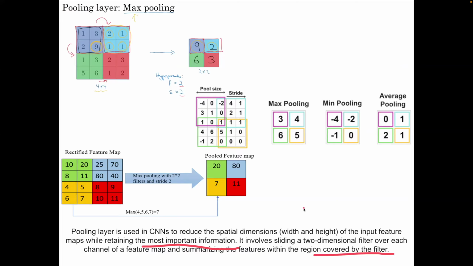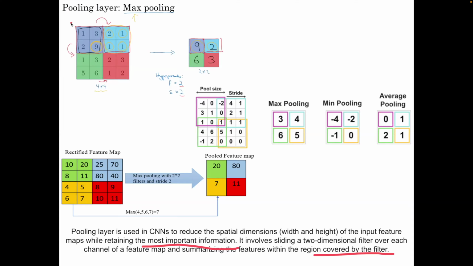So even if we still reduce the size of the image, we still keep the most important information. And that's why max pooling is applied. Max pooling is a very important operation in computer vision, because even if we have a big picture coming in, we still want to be able to reduce the image size and still get the important details.